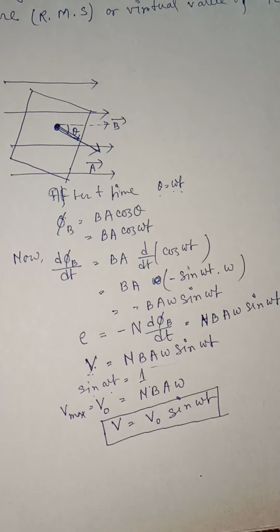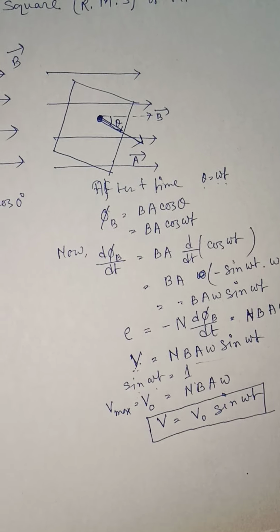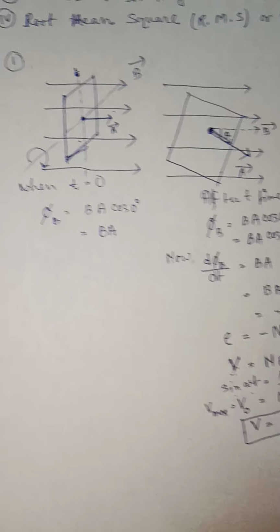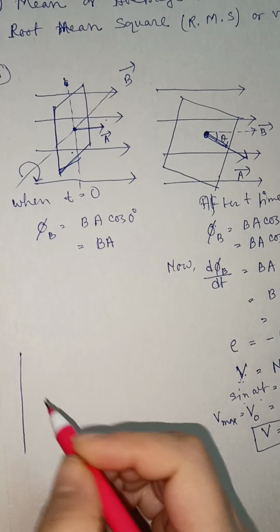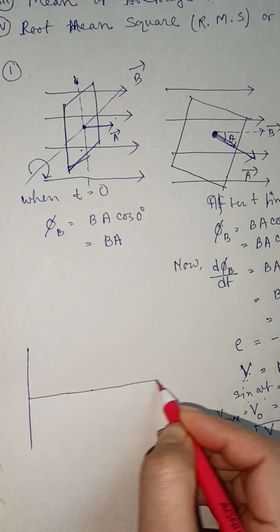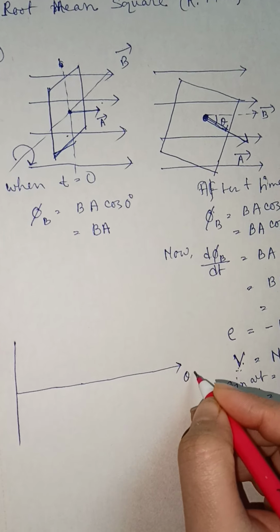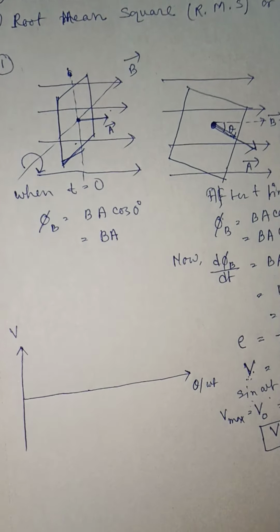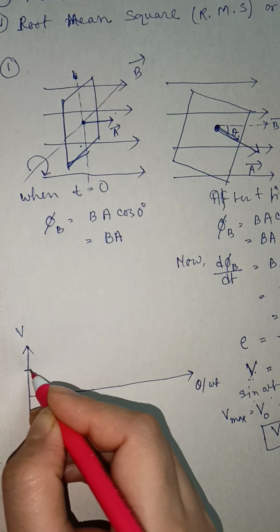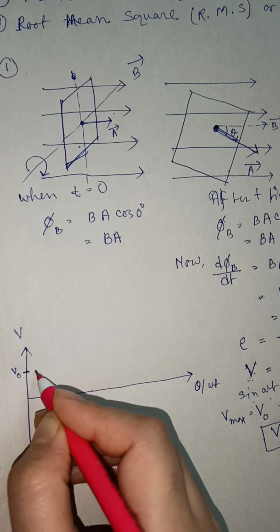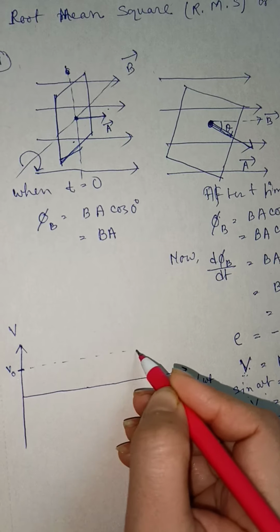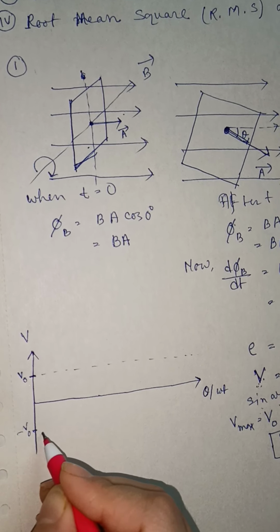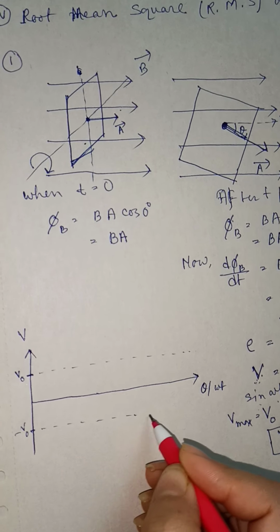Okay. So just look at here. This is theta or omega t, and this is our V. Suppose this one will be plus V naught, and this one will be minus V naught.